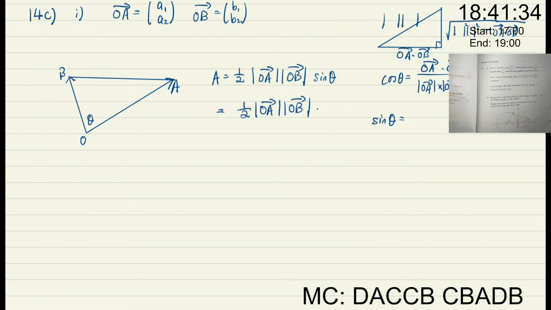You know what? Let's just do the dot product. Oh, it's so many letters. OA.OB. So A1, B1, A2, B2. On the bottom, you've got the square root of A1... Why am I trying to squish all this in here? ...B1 squared plus B2 squared.